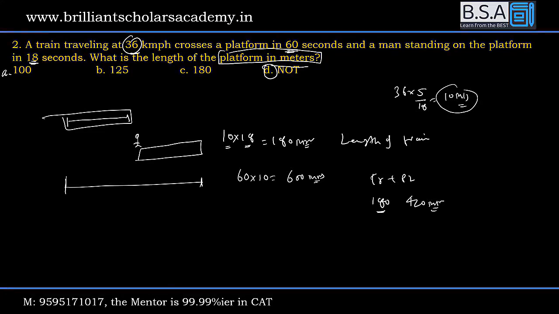Now, when the train crosses the platform, the length of both will matter. Both means the train and the platform. So 60 seconds into 10, 600 meters is train plus platform. Train we already know is 180, platform 420 meters. You can do this pretty much verbally.